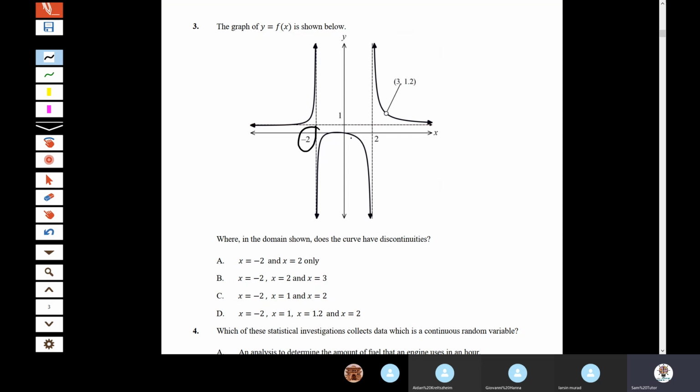It's discontinuous at x equals 2. This is y, so these are y values, not x values. So it says x equals 1. Be careful, that's not an answer. And it's also discontinuous at x equals 3. So x equals minus 2, x equals 2, and x equals 3.